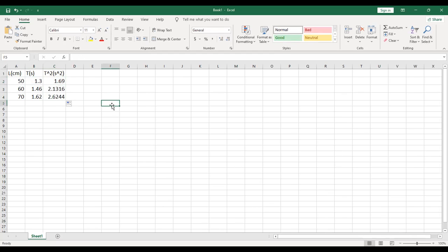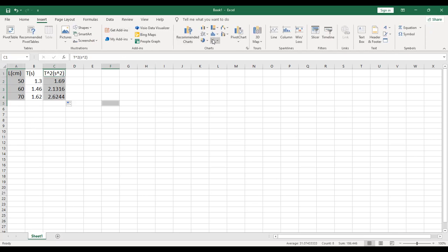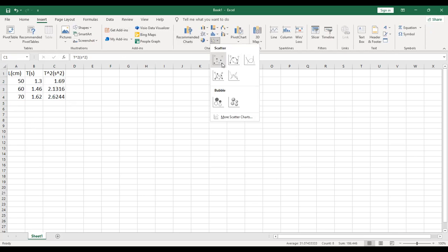Okay. Then we have to draw the L and T squared graph. How to get it? We have to choose these two columns by clicking Ctrl, and then we draw the graph. Go to Insert and then Scatter graph.